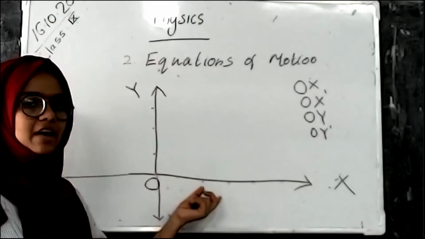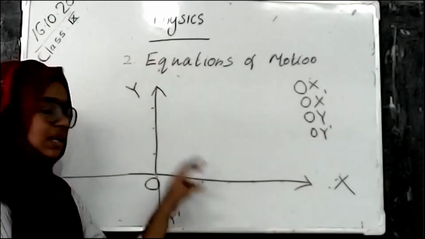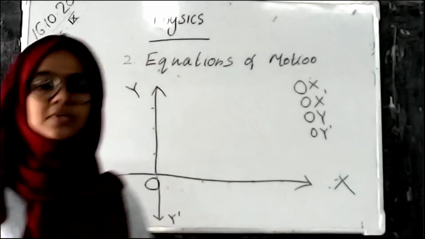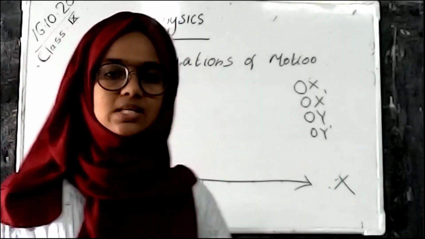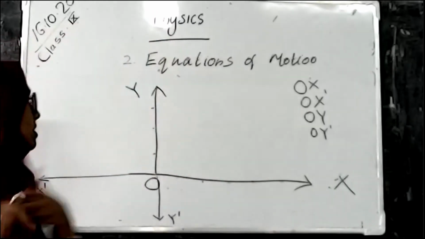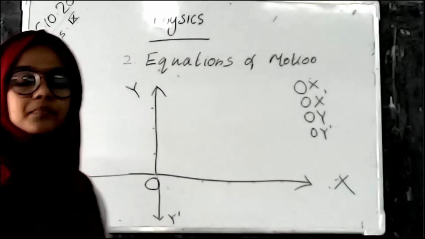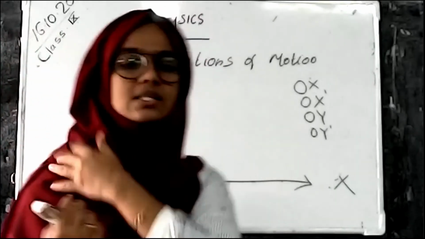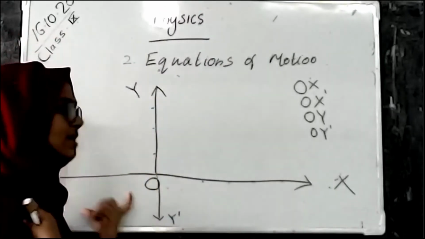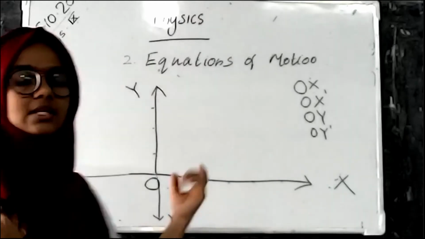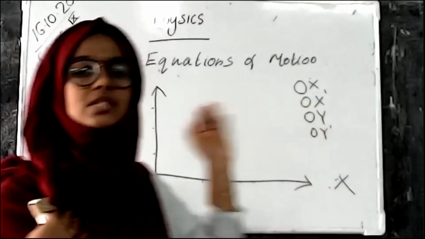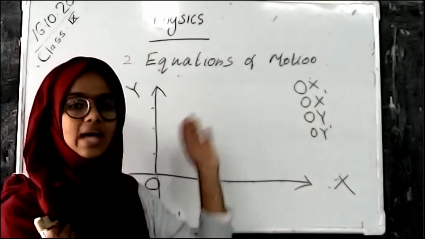So a graph is a two-dimensional diagram. It has two axes, and these two axes have negative sides, that is OX dash and OY dash, corresponding to the opposite of the x and y axes.